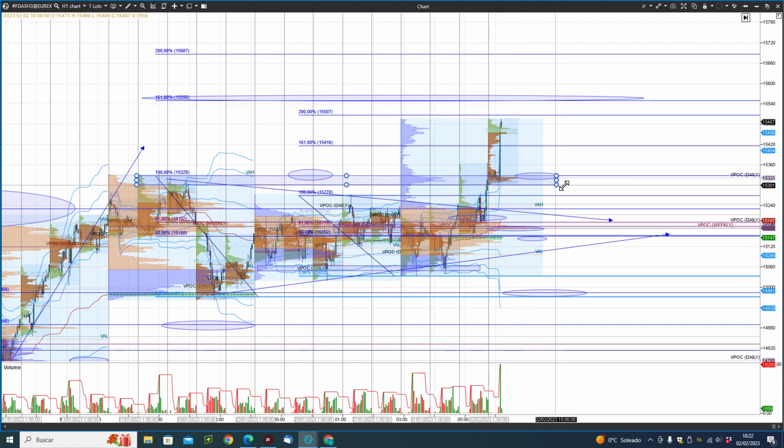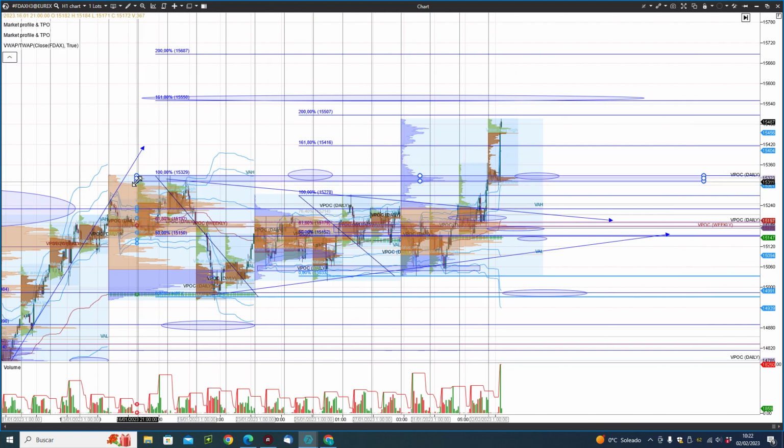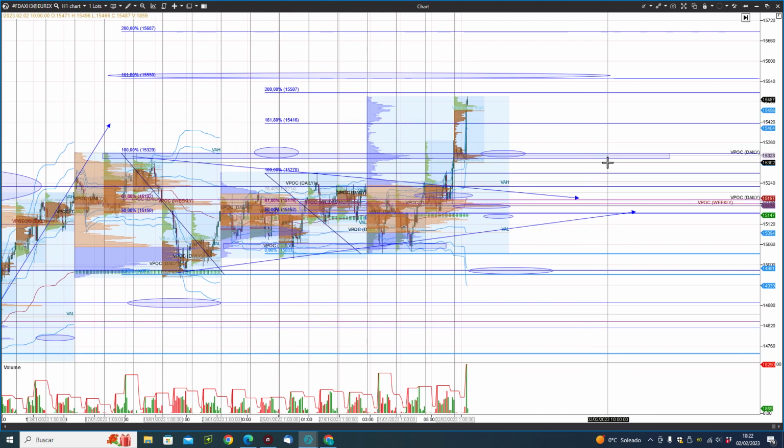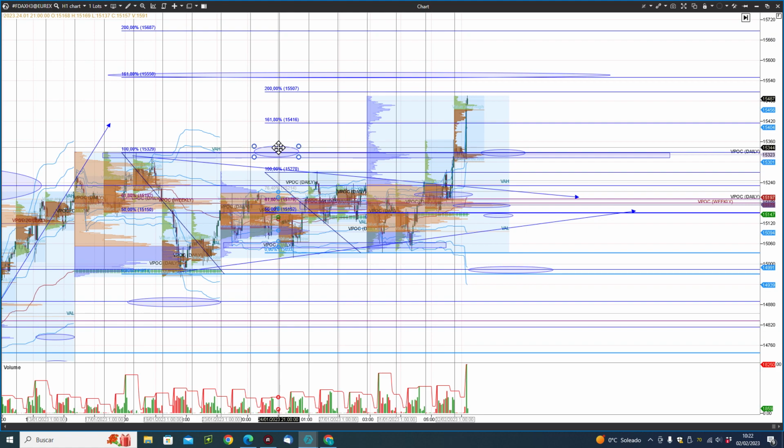Well, this price action zone is very important. And next step would be this high density zone, high volume node, exactly at 15,184.